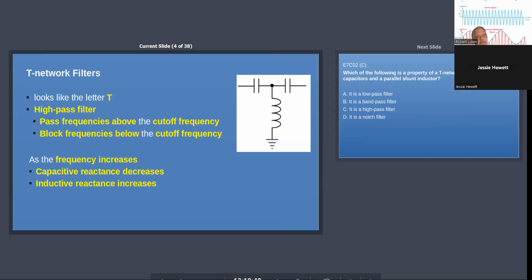Okay, so for a T, if it's a high pass, you notice that we have the capacitors in series, the inductor in a shunt configuration. So the higher the frequency, the lower the reactance on the capacitors, or their effective resistance, and the higher the reactance on the inductor when we increase frequency. So that's basically a voltage divider network.